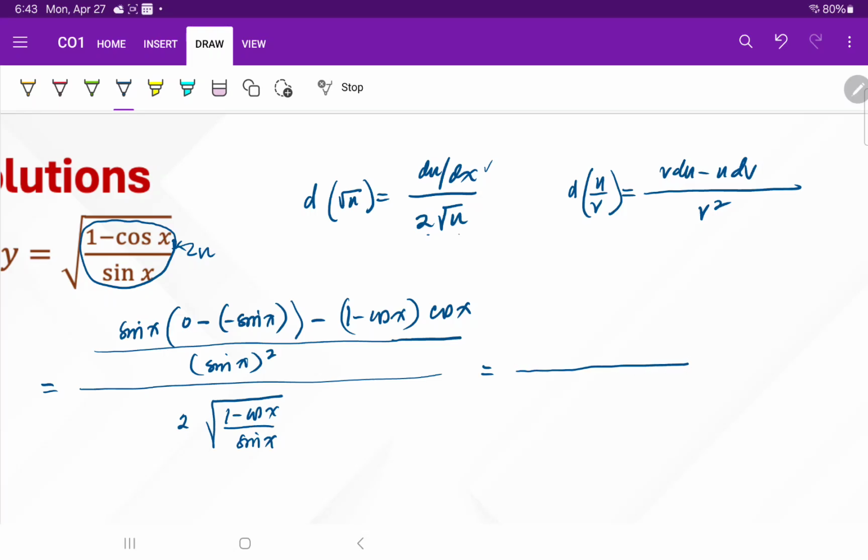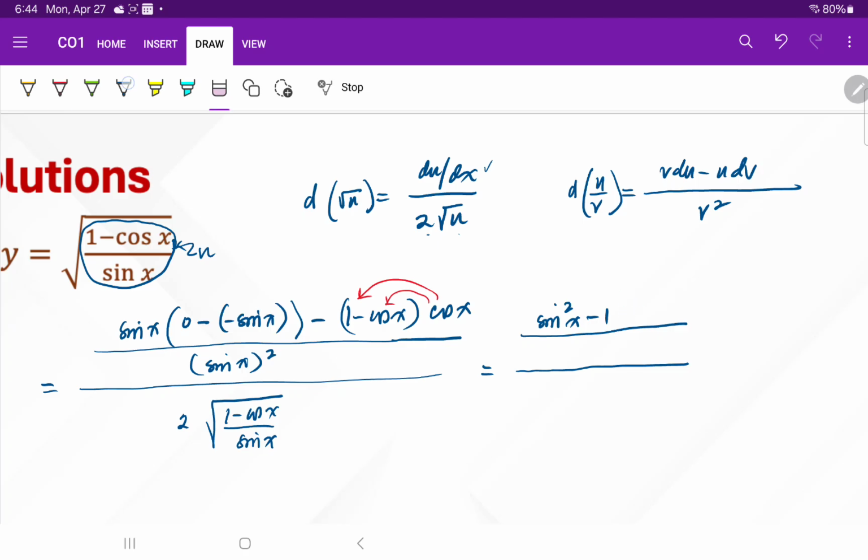So again, the numerator will give you what? Positive sine square x, right? 0 minus minus. And then we distribute this here. So it's what? Minus 1. Then this and this one will give you negative cosine square. But you have here negative, so plus.